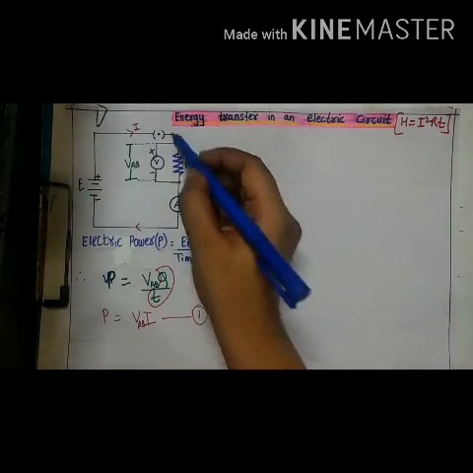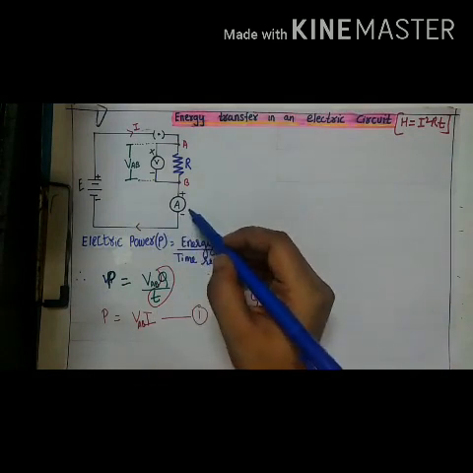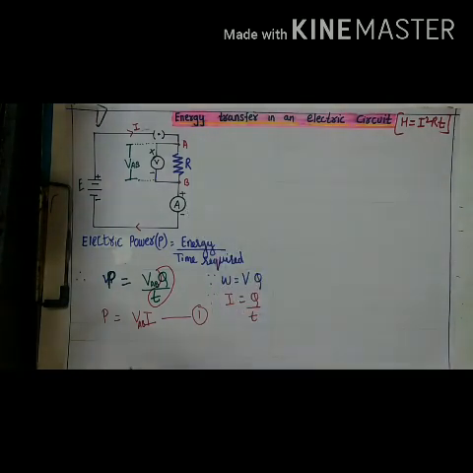If current is flowing continuously through the circuit, heat produced in the resistor in time t will be given as H = P × T, that is power into time. But we know what power is.